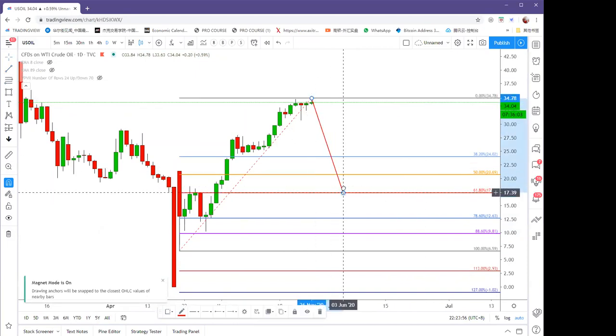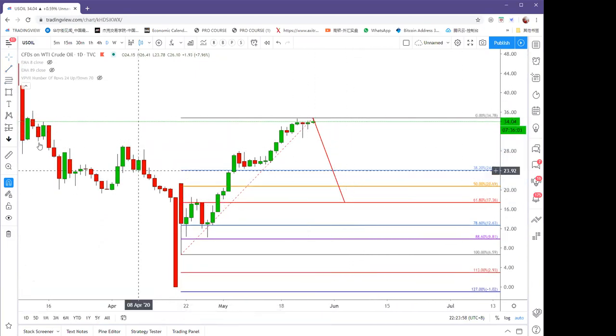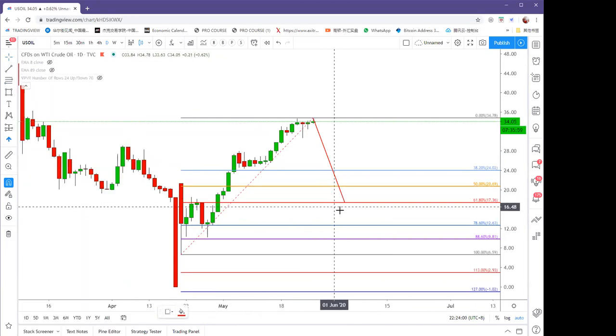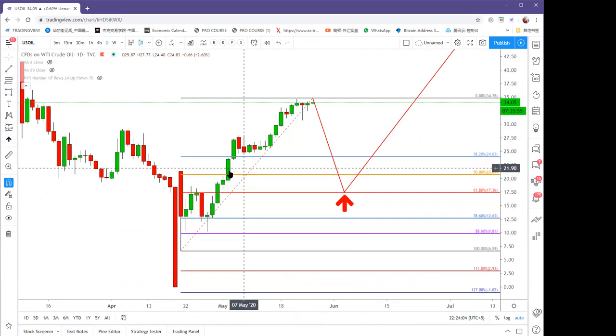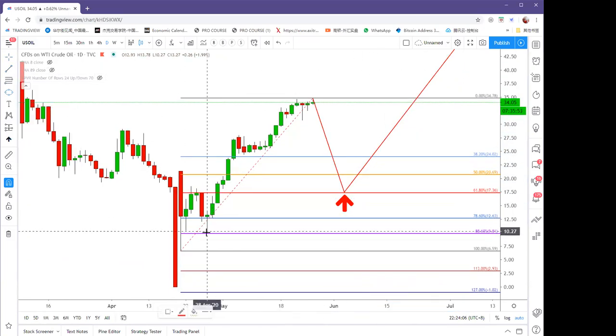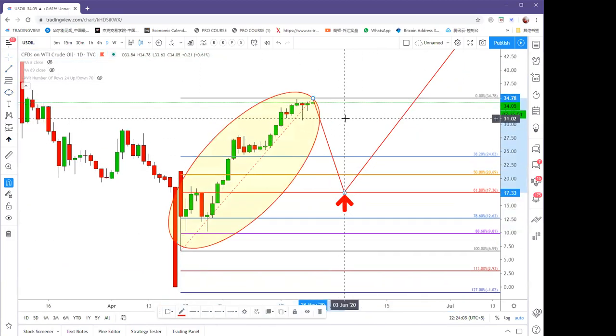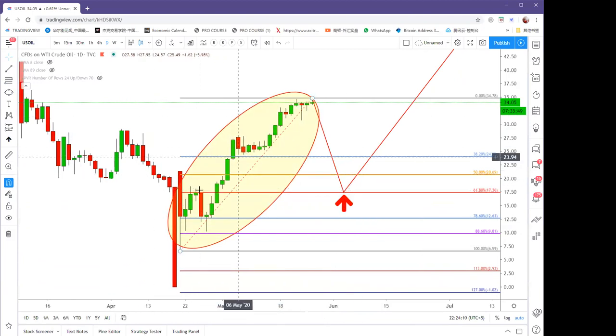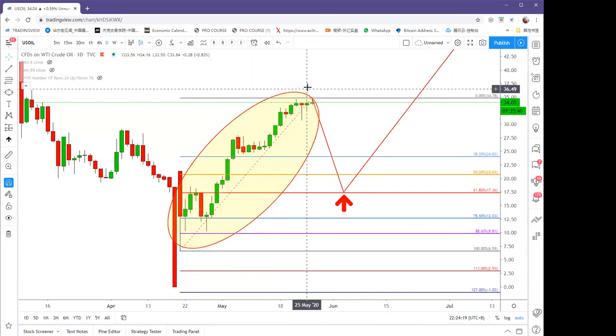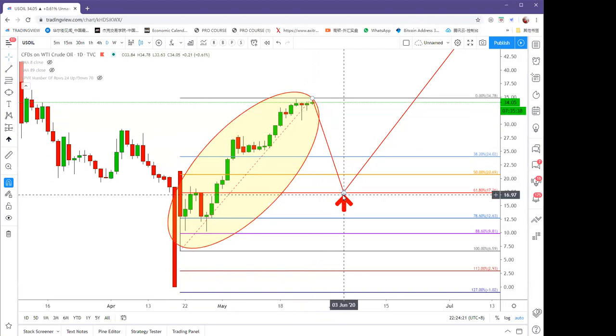So if oil goes back to 17.36, I will be interested in making another buy and holding for another rally, because you have to assume the recent rally may end here. After this rally ends, it may go down to the 38.6 and 618.